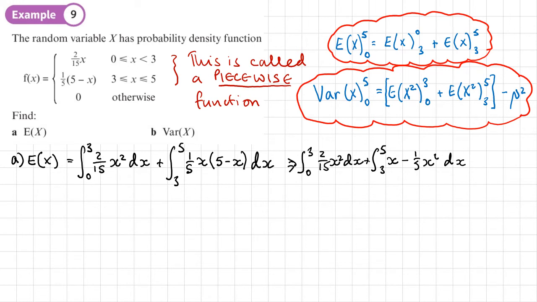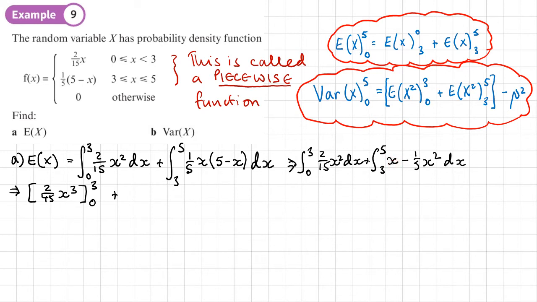Right, so we're now ready to integrate. The first term will become x cubed over 3, so that'll become 2 over 45 x cubed, and the limits are 0 and 3. And then we're going to add to that this integrated.